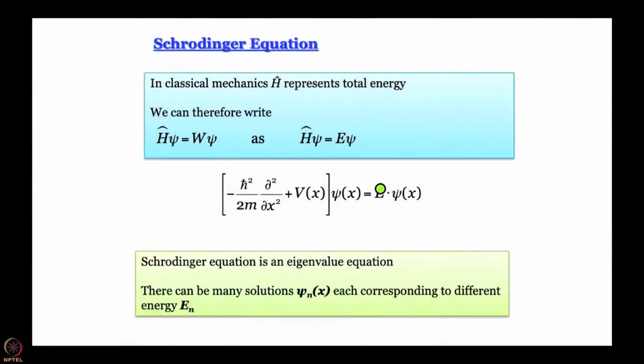Secondly, the energy of the system is obtained as an eigenvalue. Psi of x is the eigenfunction of the energy operator, and E is the eigenvalue that we obtain when the total energy operator Hamiltonian operates on psi of x.